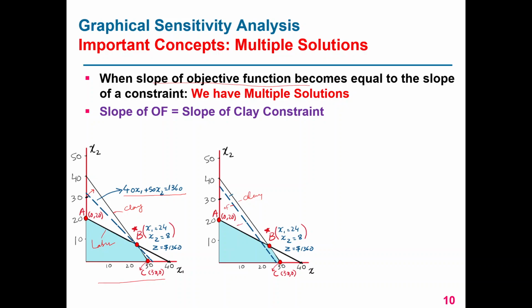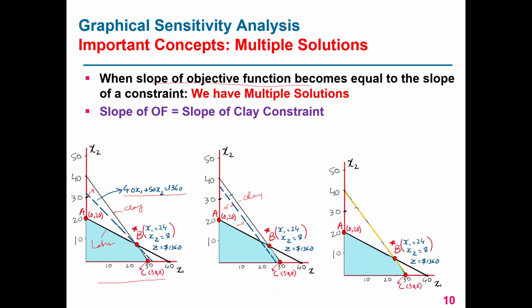If I push it further towards the optimum point, it will overlap our clay constraint. So initially we just had B as our optimal point, but now you can see that point C has also become an optimal point.